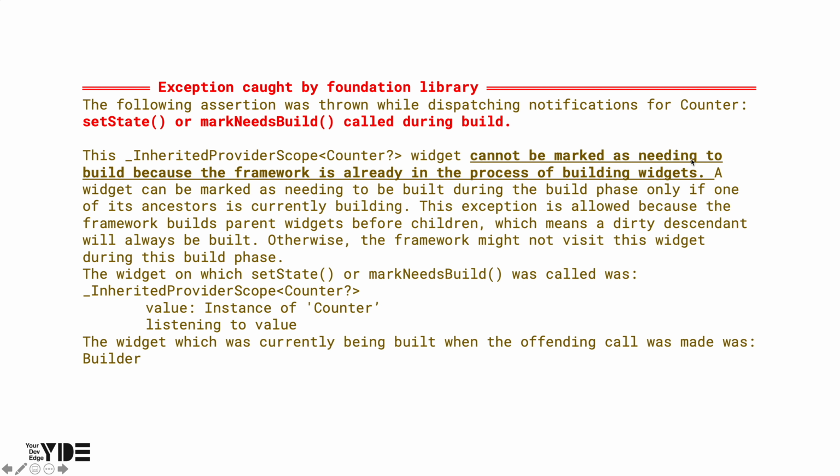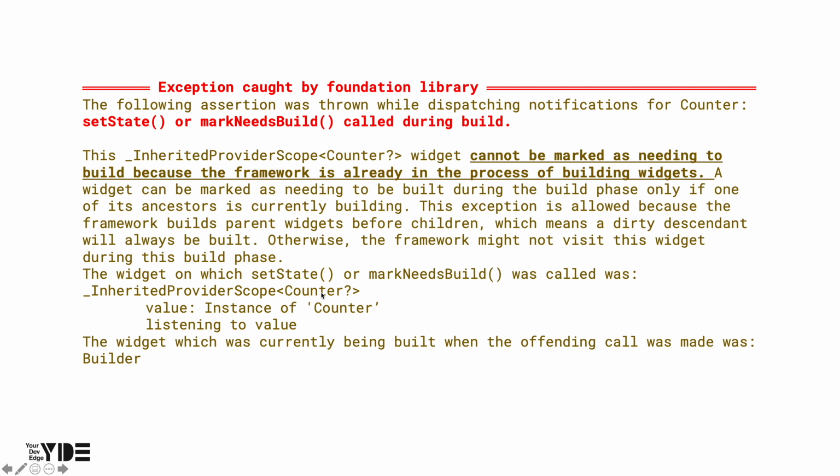If you look at the underlined part here, the framework is already in the process of building the widgets, but it is saying that the widget displaying the counter value of the counter change notifier cannot be marked as needing to be built. To put it another way, it is saying the framework is currently drawing widgets, so you shouldn't say, "Hey framework, draw this widget too" again.